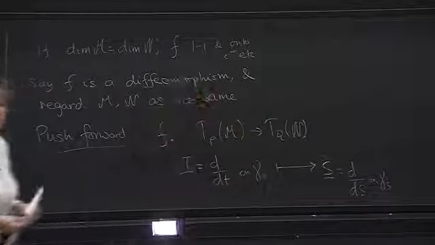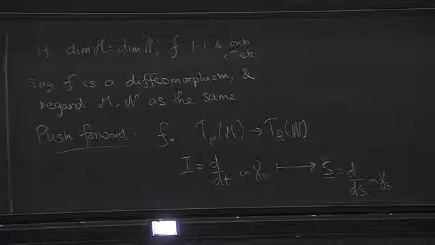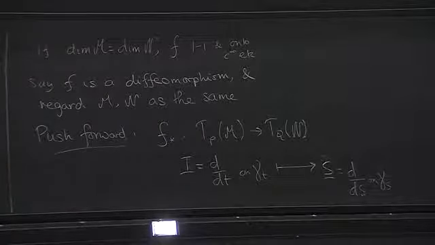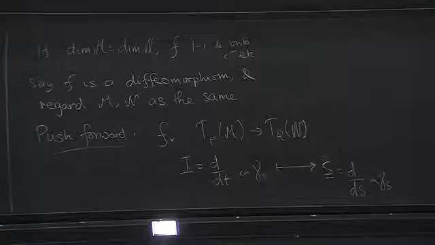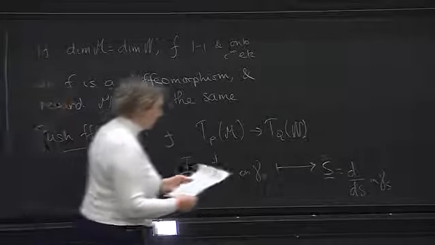So all we do is we know that our tangent vector in M is a tangent to a curve. We have a curve in M. It maps to a curve in N under the function f. We take the tangent vector of that curve, and that gives us the relation between a vector here and a vector there. So that's how we push forward.